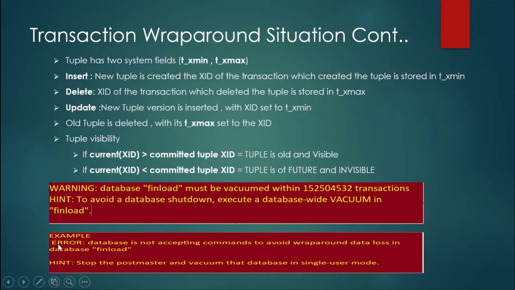And whenever your transaction ID wraparound situation is reached, so you have already done an update statement of up to 4.2 billion records, what happens? It will give an error, and your error message looks like this in the alert log: database is not accepting any connections or commands to avoid wraparound data loss in the database.